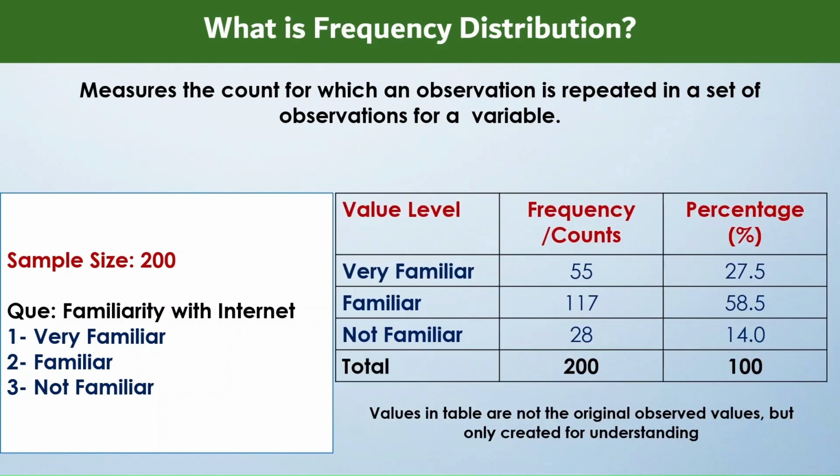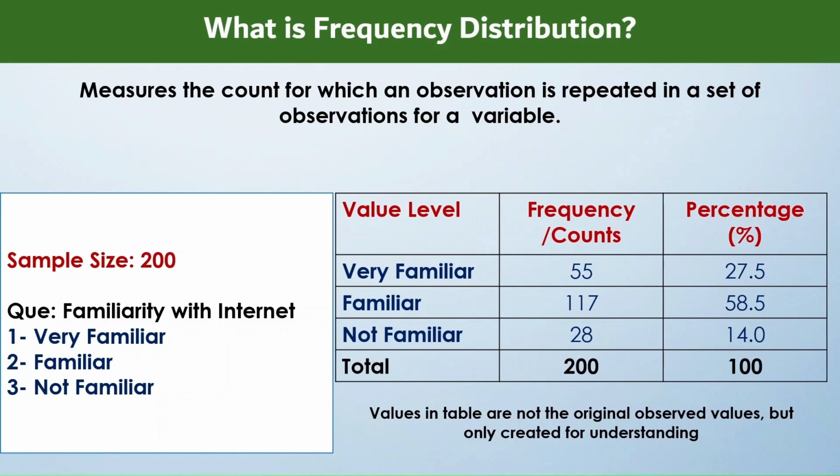Let's simply understand it with this example. As we want to know the familiarity of respondents with the internet, we will take observations from 200 respondents on three value levels, that are 1 for very familiar, 2 for familiar and 3 for not familiar.